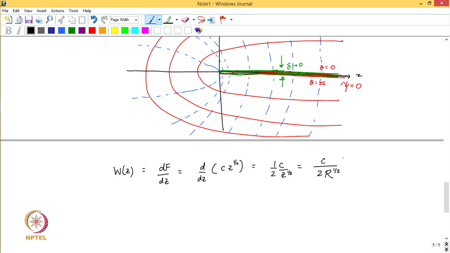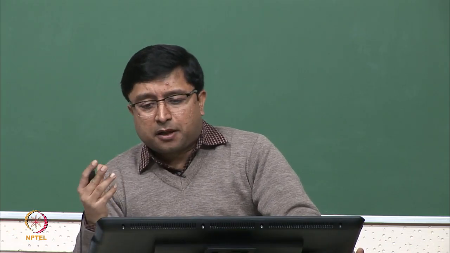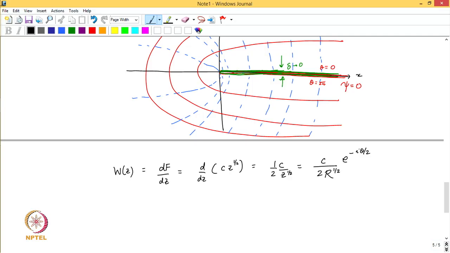I could write this in this form. Okay. Now, I know that I want to equate this to the form of the complex velocity, which has an e to the power minus I theta, but I do not see e to the power minus I theta, I see e to the power minus I theta by 2. Well, it does not bother me in the least bit.